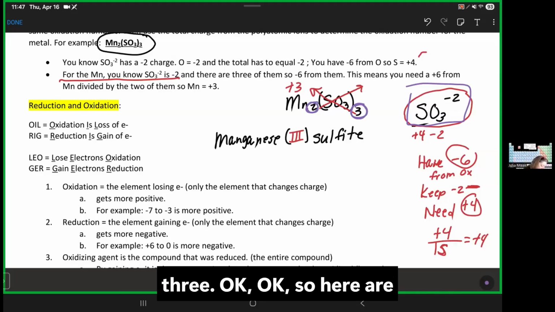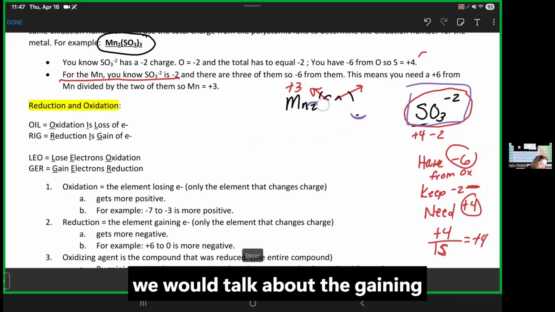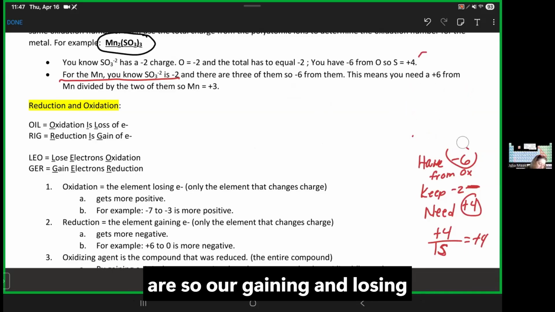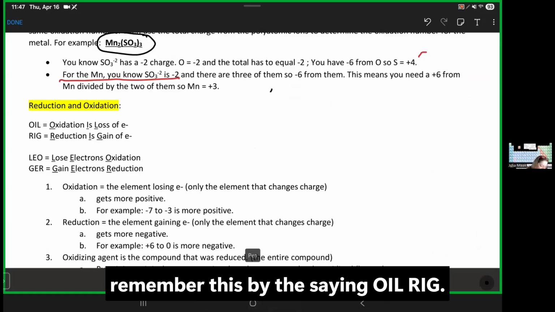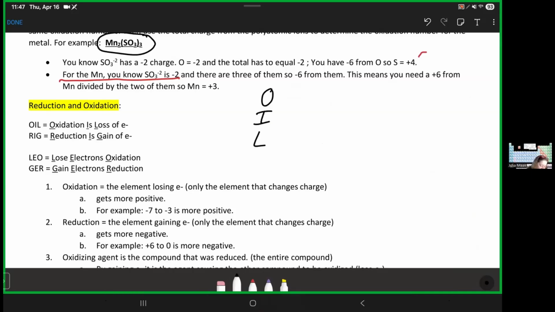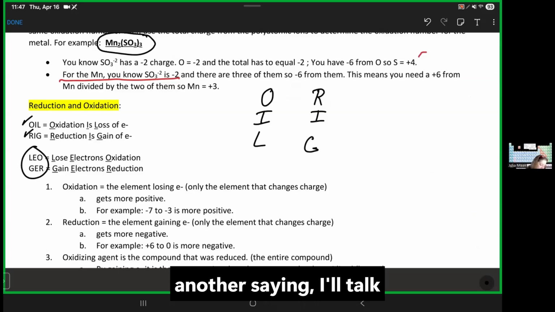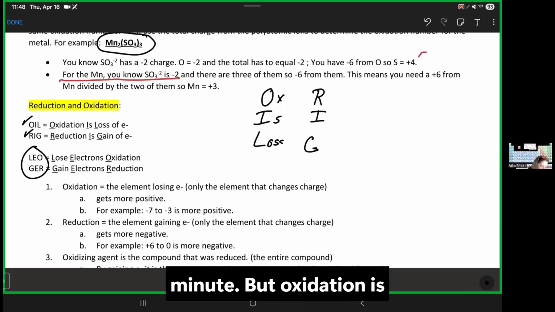Okay? Okay, so here are some basic things that I said we would talk about, the gaining and losing of electrons. I remember this by the saying OIL RIG. There's another saying, I'll talk about that in a minute. But oxidation is loss of electrons.